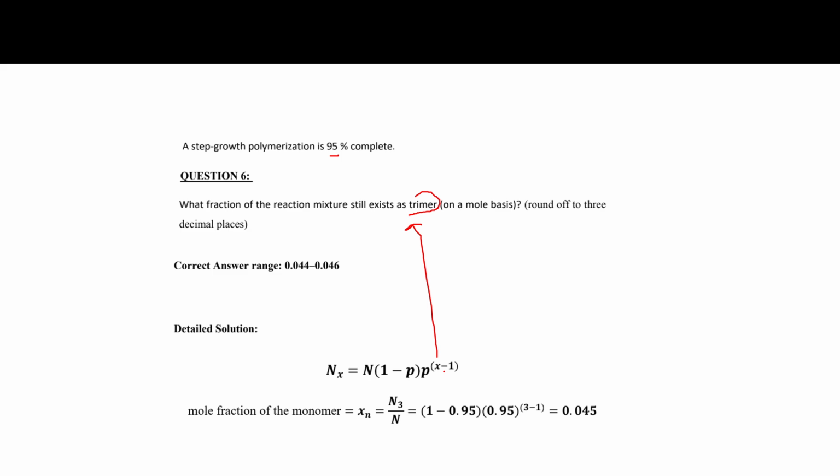If it is a dimer, then the x value will be 2, like that. So you have to find the mole fraction. The mole fraction will be the ratio nx divided by n, so it will be like this equation: 1 minus p, into p to the power x minus 1, where the extent of reaction is given, so it will be 0.95. X is 3 since the trimer is given, so x equal to 3. From that you can get the mole fraction value.